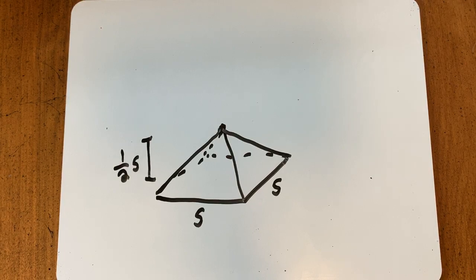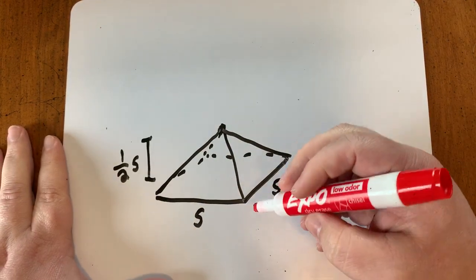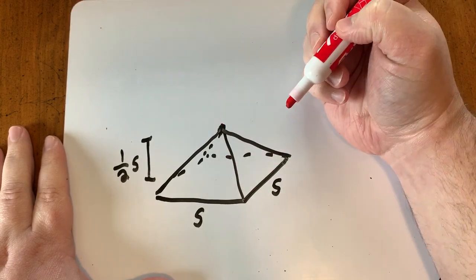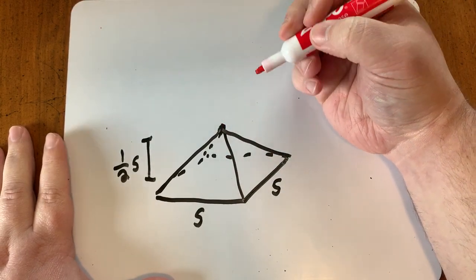Now, if I made another pyramid with those same dimensions, it will be congruent. It will be the same exact size, so have the same exact volume. So I'm going to make another one, but the way I'm going to position it is vertex to vertex. It will be kind of like an hourglass figure.